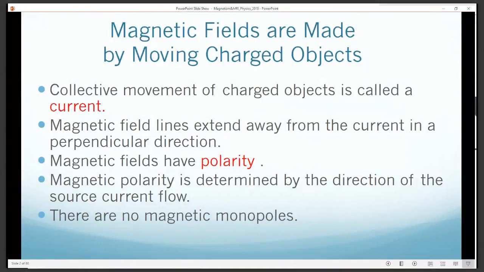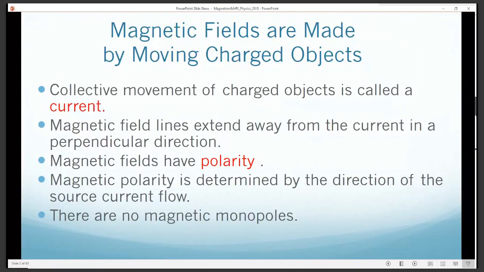So a collective movement of charged objects is called a current, as you know. And when current moves, magnetic field lines extend away from the path of the current in a perpendicular direction. Unlike electrical charges, electricity, which is produced by charges positive and negative, magnetic fields have a different property called polarity.